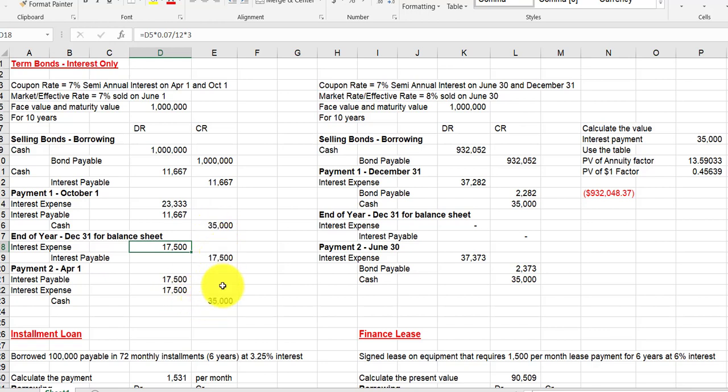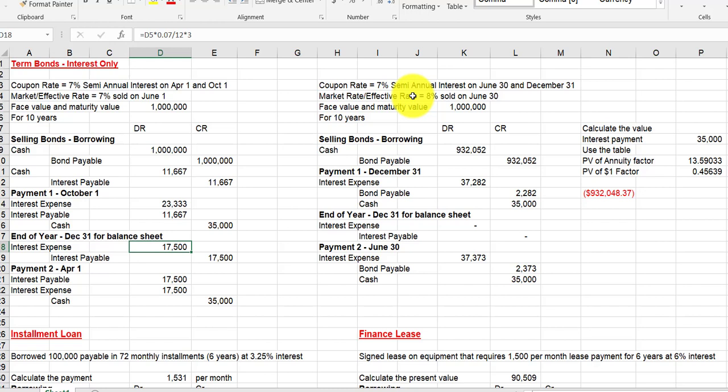Notice the cash is the same every payment. All right, and record it that way, and we're good for the first two payments. We can basically do the same thing the next year, ongoing, except you don't have to worry about the 11,667.